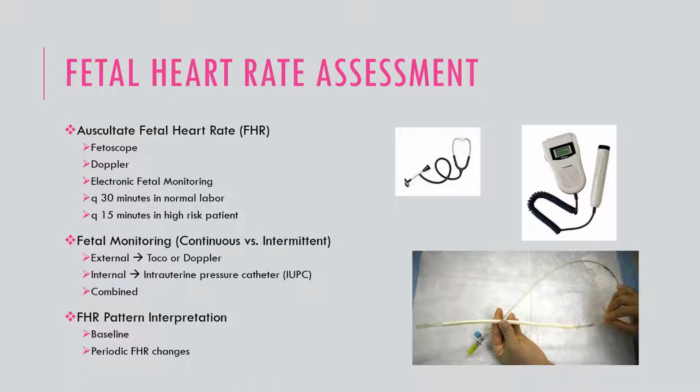This item over here in the bottom right-hand corner of the screen, that's an intrauterine pressure catheter. The end of it here where there's a yellow cap is what plugs into the cord that runs to the electronic fetal monitor. This little blue cap is actually a port, a Luer lock port.